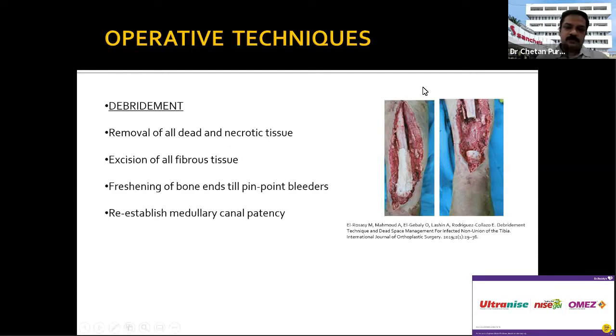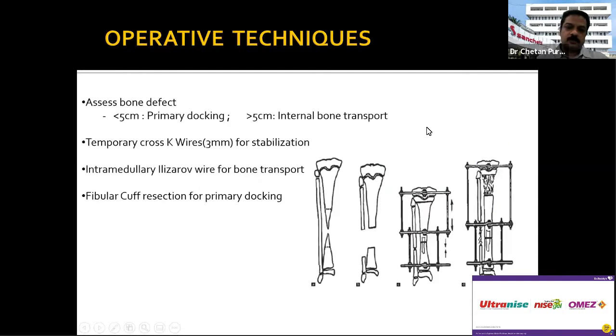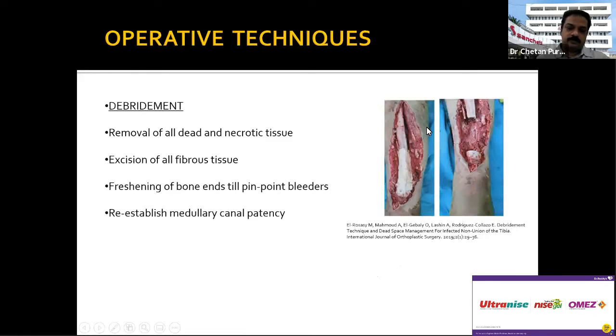So like you can see in this figure here, this bone is all sclerotic and a major portion of the bone has been required to be excised until you reach bleeding or healthy bone ends. So that is the criteria to decide how much bone to resect, and sometimes you have to be ruthless, but unless you do that, the infection will not be eradicated, the union will not be achieved. So debridement or radical debridement is the key to success in the management of infected non-unions.